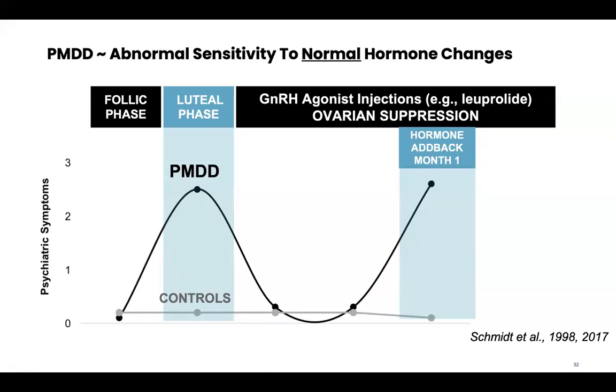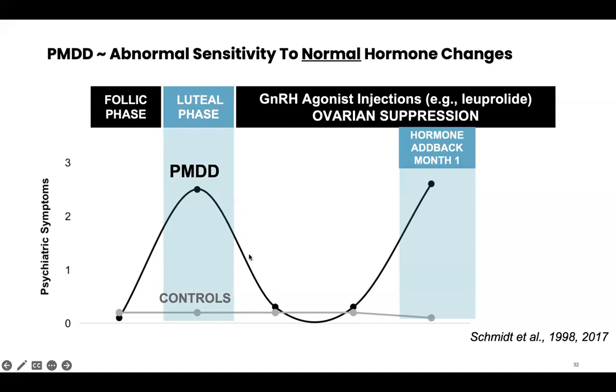Next, the researchers gave everyone a GnRH analog called leuprolide, which induces a temporary chemical menopause, which creates this low, flat hormonal state. When the hormones were kept at this low, flat state, the PMDD group no longer showed symptoms. However, when the hormones were added back to luteal phase levels, the PMDD group spiked up again in their symptoms.